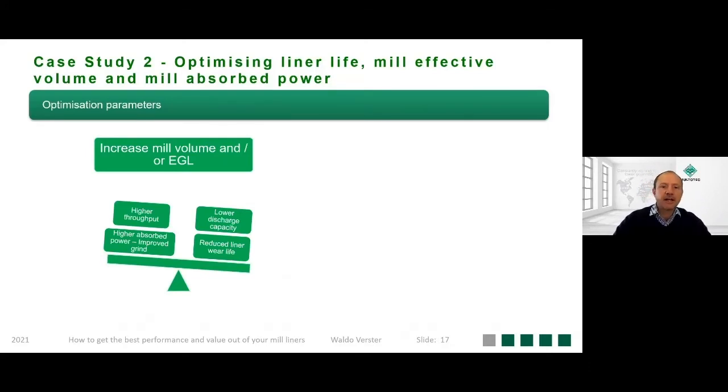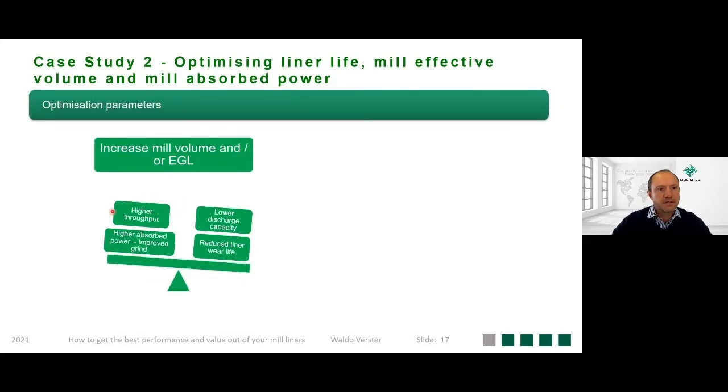So you have sorted out, or you have optimized your grinding mechanism in the mill. You have achieved a steady state condition in your grinding circuit. Now is the time to optimize your liner. So optimization always seeks a balance, and I've included two examples. The first example, increase the mill volume and or the effective grinding length.